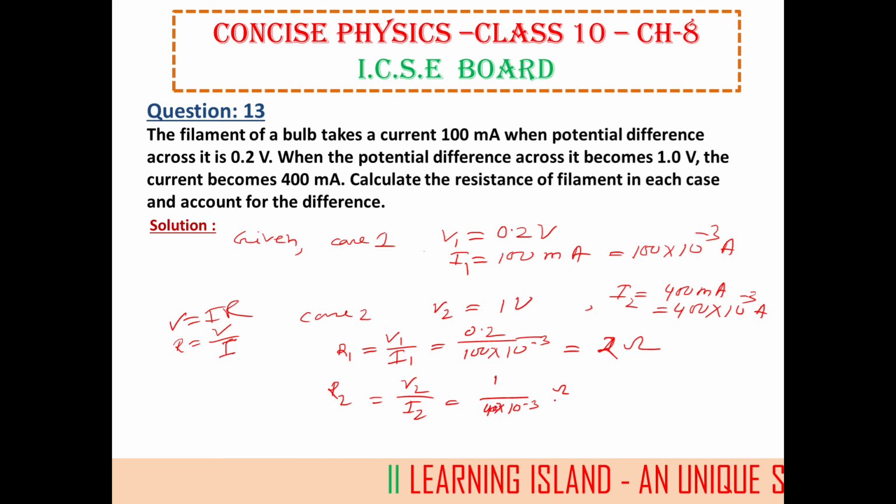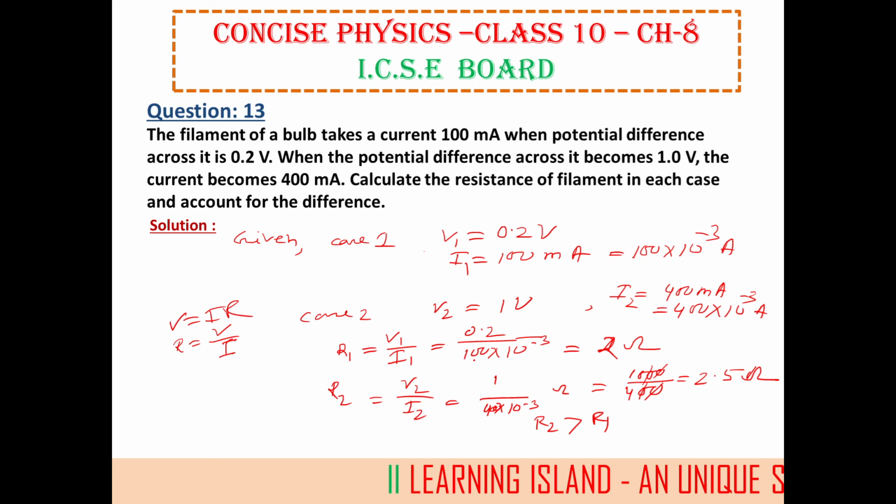So it will come 100 by 400, zeros cancel, 2.5 ohm. So here you see R2 greater than R1, that is resistance has been increased.